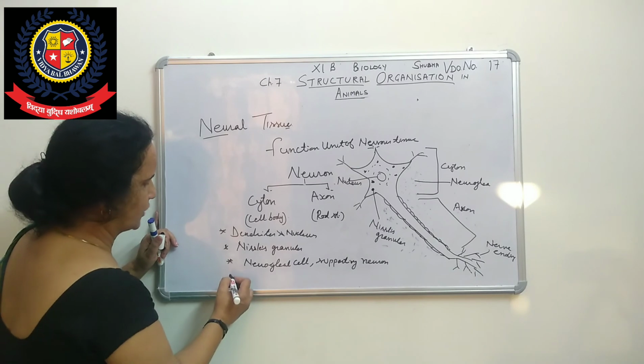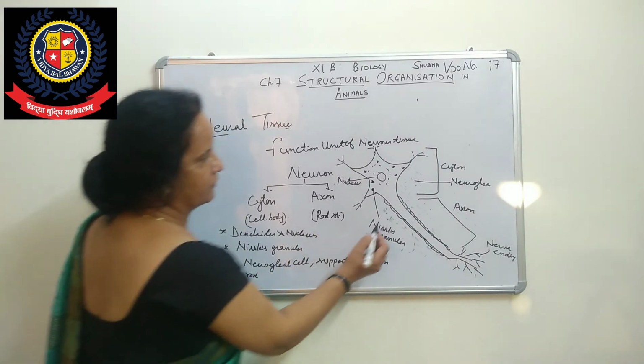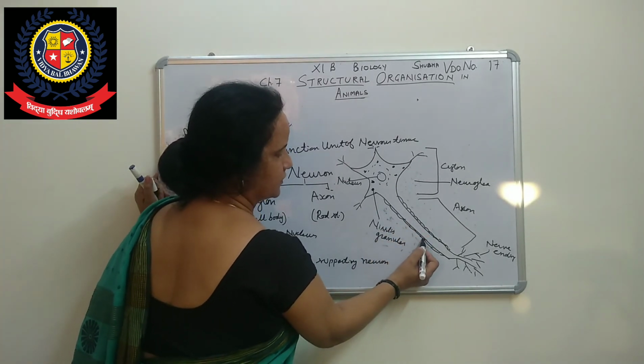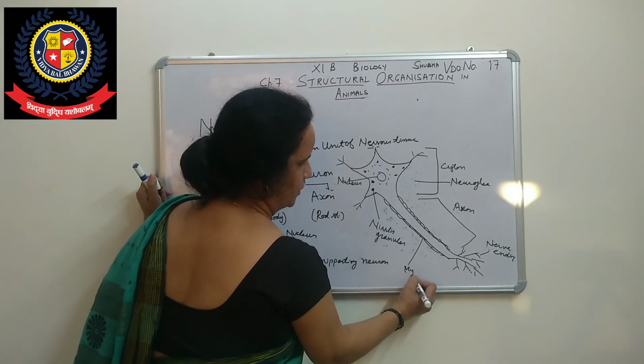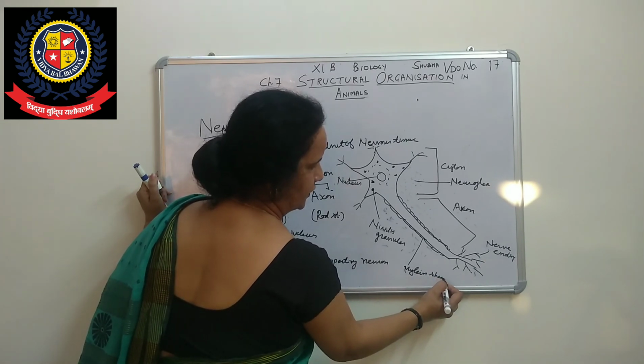Then next, the axon. The axon has a rod-like structure, covered with this cover I have made around it. This is the myelin sheath. What is it called? Myelin sheath.